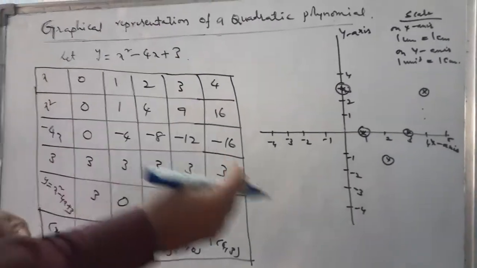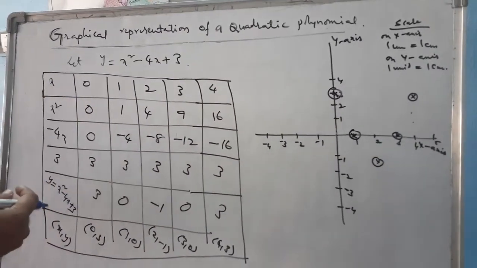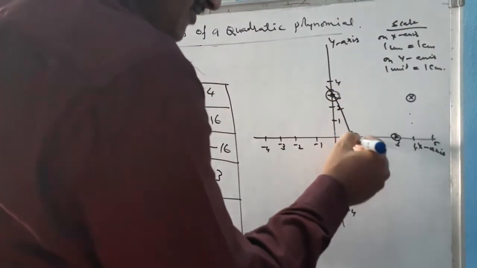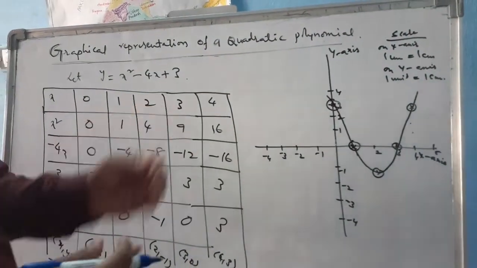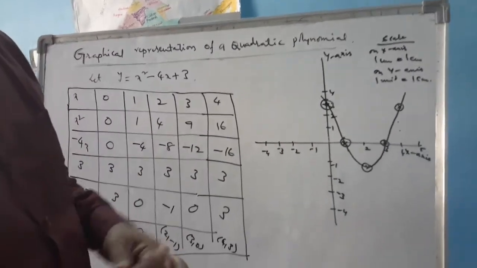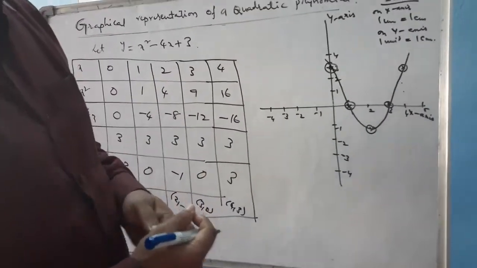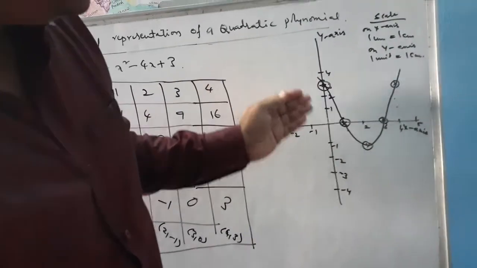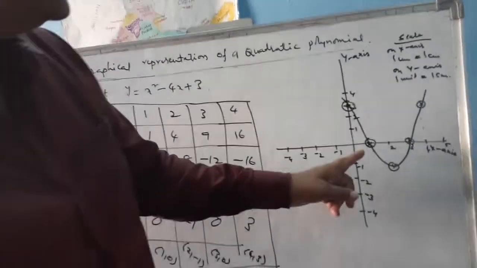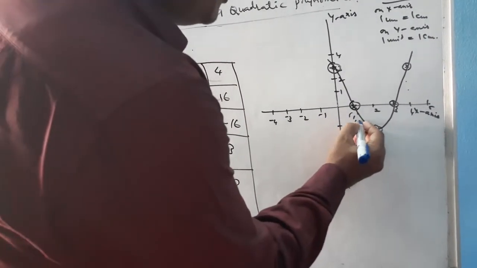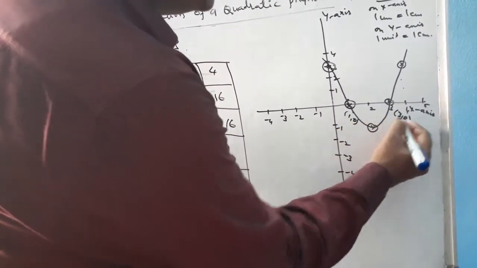If you join these points, we will get the graph of the quadratic polynomial. If you join this, we will get it like this. It seems to be a U shape. This U shape is known as the parabola. Also, this U-shaped curve cuts the x-axis at 2 distinct points: one is (1, 0) and the next is (3, 0).